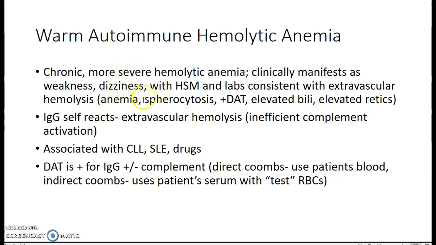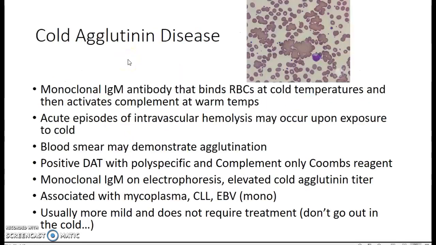You get this extravascular hemolysis because IgG doesn't really cause good complement activation, but it does mark the red blood cells, and they are taken out in the spleen. It's associated with chronic lymphocytic leukemia, which we'll learn about, lupus, certain drugs. And again, the DAT is positive for IgG. So more severe anemia, IgG, think warm autoimmune.